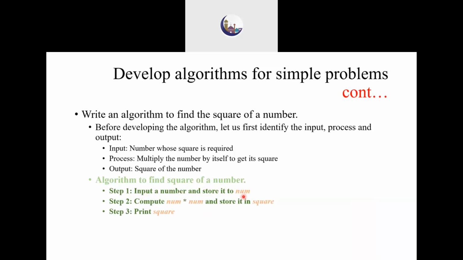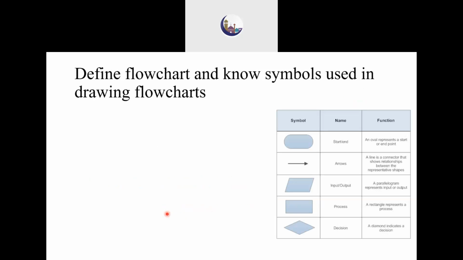Now when the value is inside the variable num, we compute num into num, which gives us the square, and store it in another variable called square. Once the square value is computed, our task is over. We print it out. So there are only 3 steps in that algorithm.